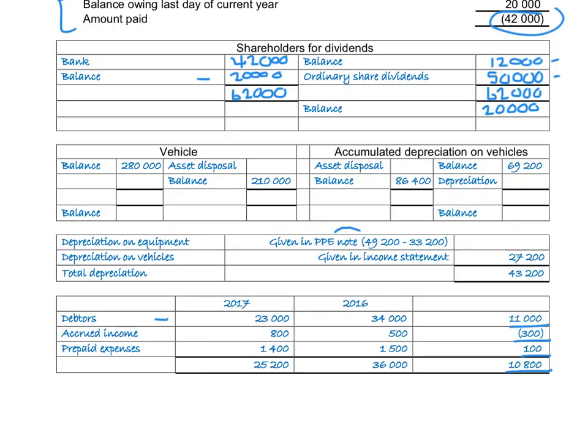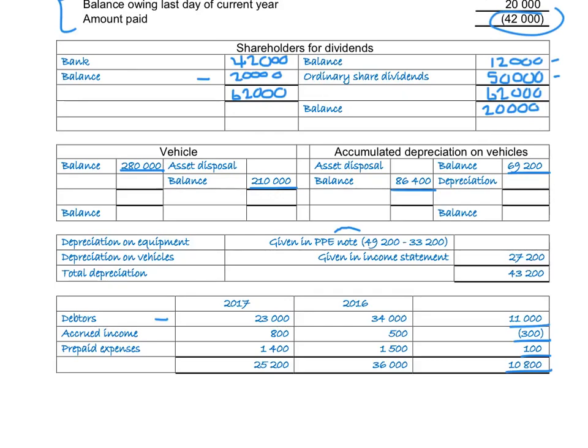The vehicle account had a debit balance of 280,000 at the beginning of the year and a balance of 210,000 at the end of the year. The accumulated depreciation opening balance was 69,200 and the closing balance was 86,400.